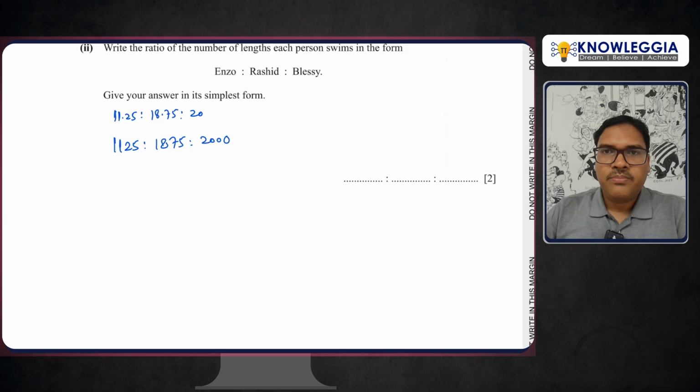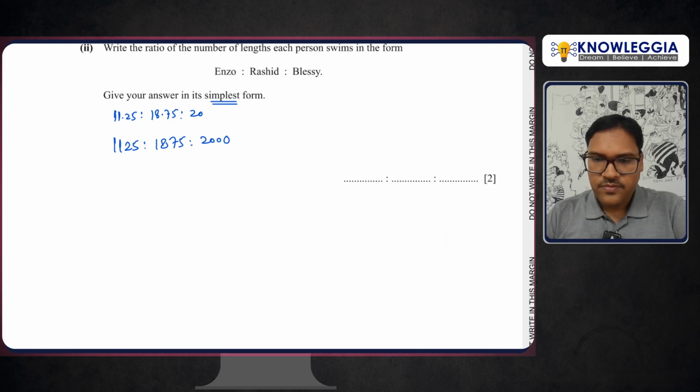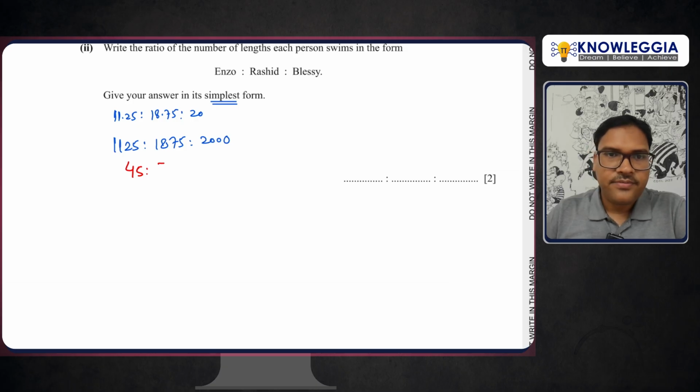Now, because you have to write in the simplest form, you have to cancel the common factors. So what are the common factors? First thing you can try is 25. You can see this is divisible by 25. So just try, 1125 divided by 25 is 45, 1875 divided by 25 is 75, and 2000 divided by 25 will be 80.